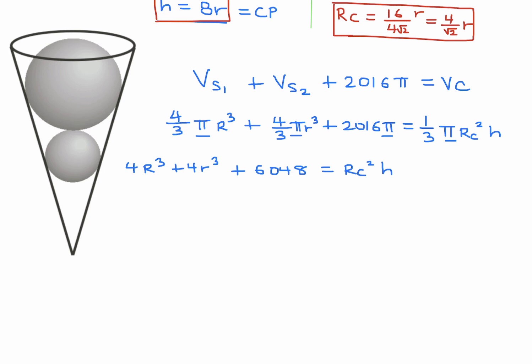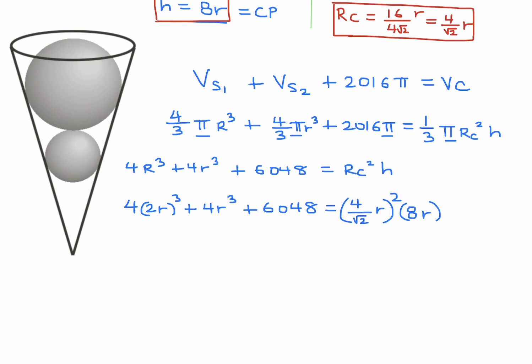Now all I have to do is substitute everything in. So when I do that, this big R, remember, was twice small r. And then this is just 4r cubed. This is 6048. Now RC, in a very helpful way, I got it in terms of small r. So that's going to be 4 over root 2r all squared. And then H, again, I got in terms of small r, so that's going to be 8r.